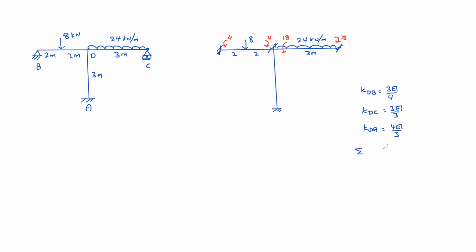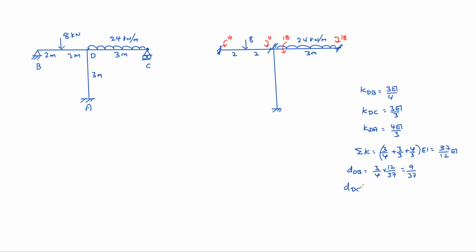Sigma K is 3 by 4 plus 3 by 3 plus 4 by 3, times A. 12 is the LCM, right? 3, 9, 16, 25, 25 plus 12, 37A. So distribution factor of DB equals 3 by 4 into 12 by 37, that is 9 by 37.